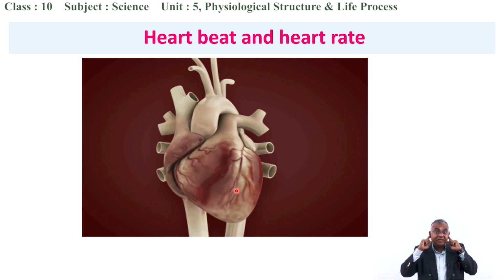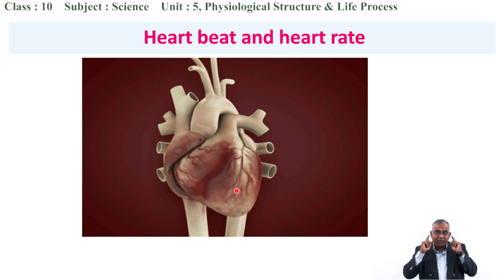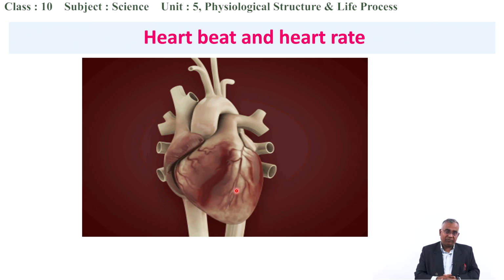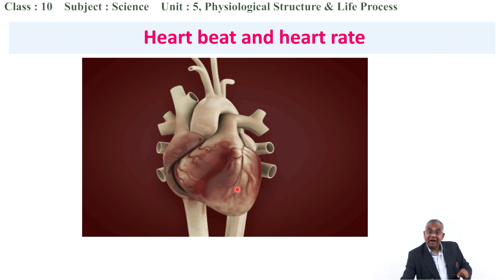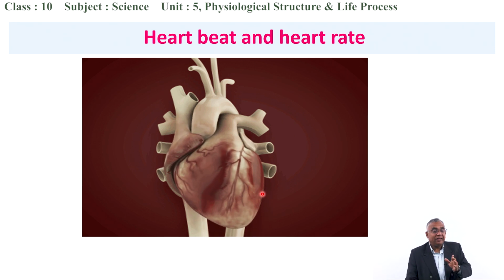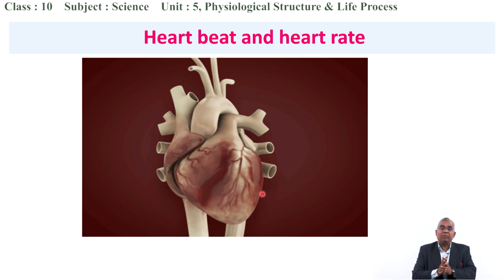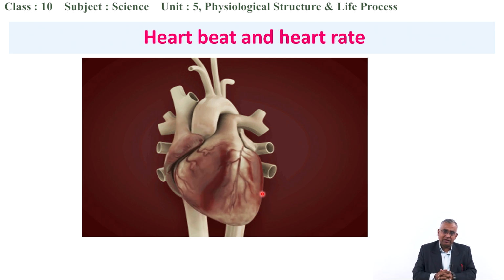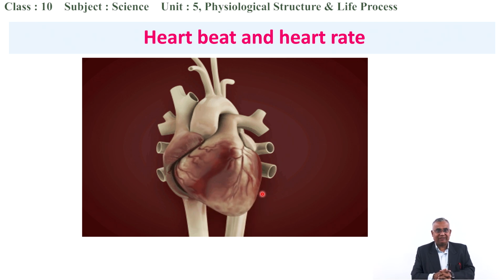That sound can be heard by what? Using a stethoscope, yes. So that is the heartbeat. And there is a particular number for heartbeat in a normal adult person. Can you say what it is? Yes, that is 60 to 100.